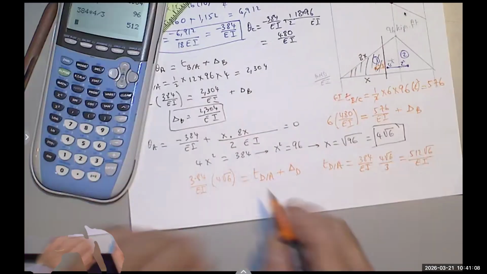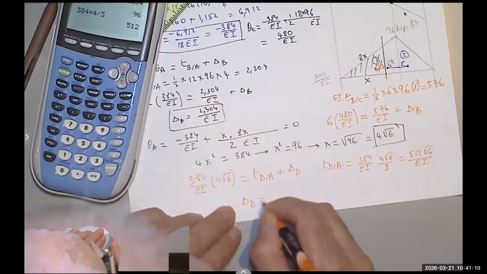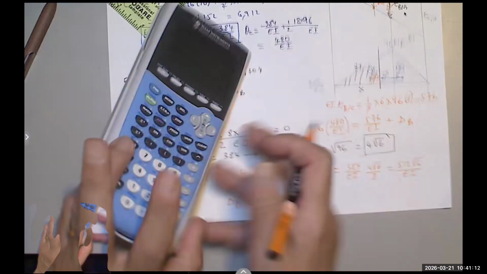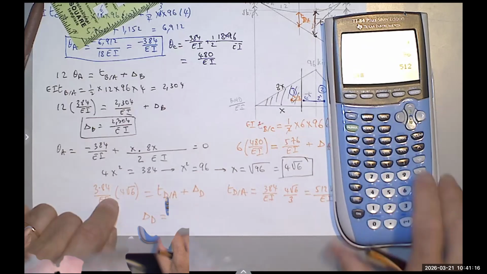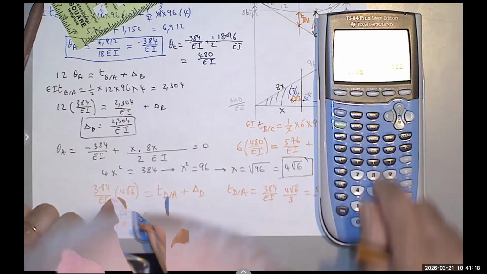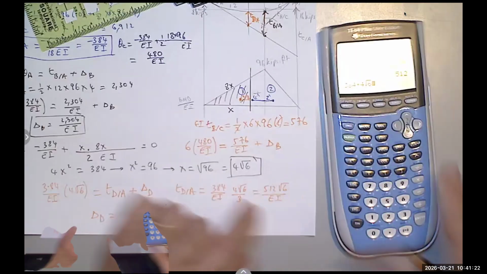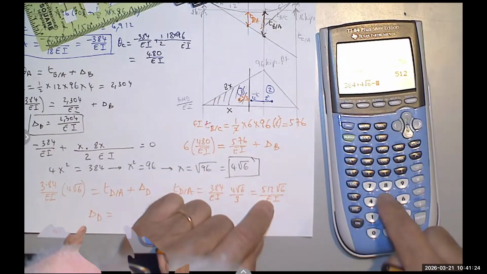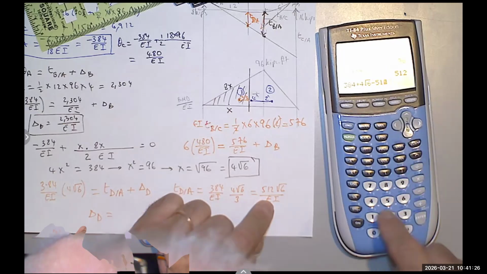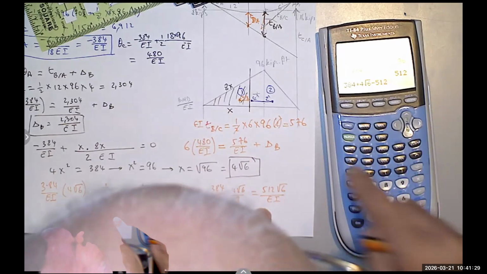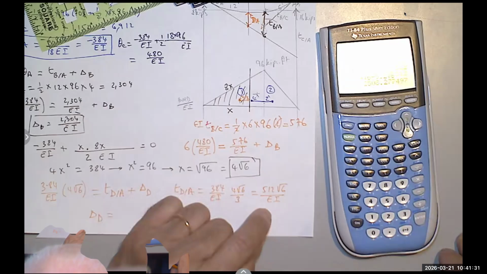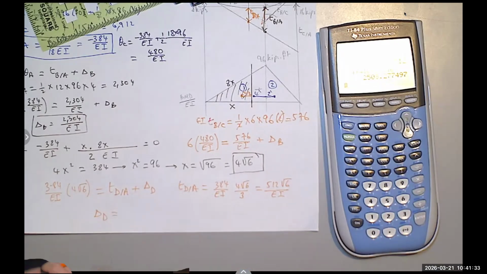And finally, delta D, the maximum D, would be 384 times 4 square root of 6 minus 512 square root of 6, which equals 2508.